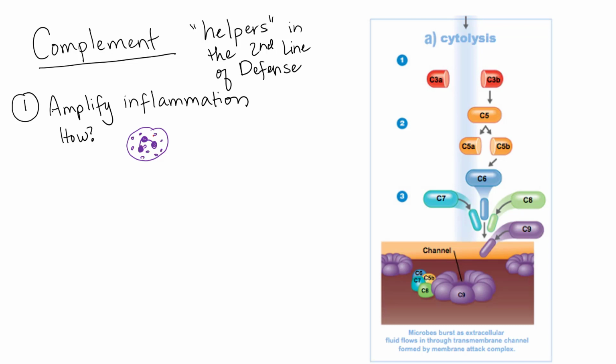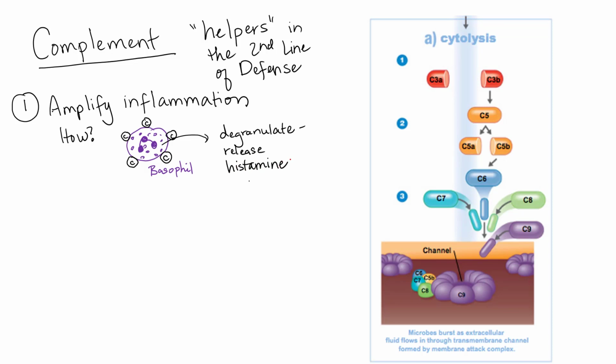So this would be a basophil. So the complement proteins will circulate in the blood. They will find a basophil. They will coat the surface of the basophil, and that initiates a chain reaction inside of the basophil. So the basophil will degranulate, which means it will release histamine.